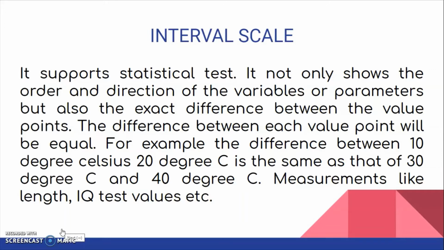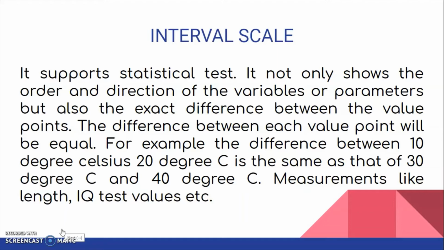The difference will be the same for each category, and it is used for statistical analysis. It can support almost all types of statistical analysis. So that is the difference between an interval scale and an ordinal scale.